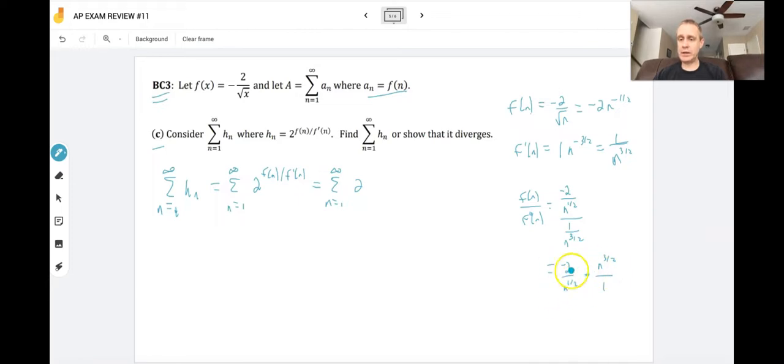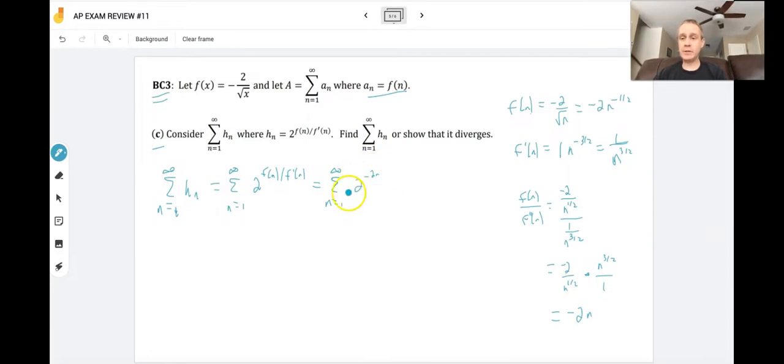When we simplify this, we can do division here, and 3/2 minus 1/2 would be 2/2, or just 1, and I claim that we would just have here negative 2 times n to the first power. And so that's what I'll put in for my series here.